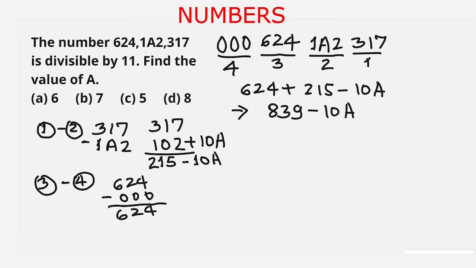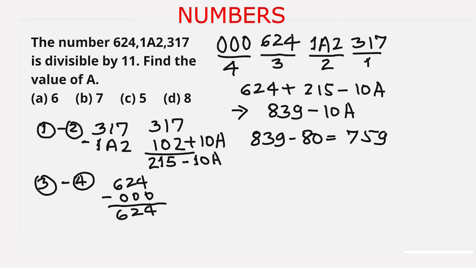If we subtract 80 from 839, we get 759. And 759 is divisible by 11. Let us just check it. 839 minus 80 is equal to 759. 11 times 6 is 66. When 66 is subtracted from 75, we get 9.